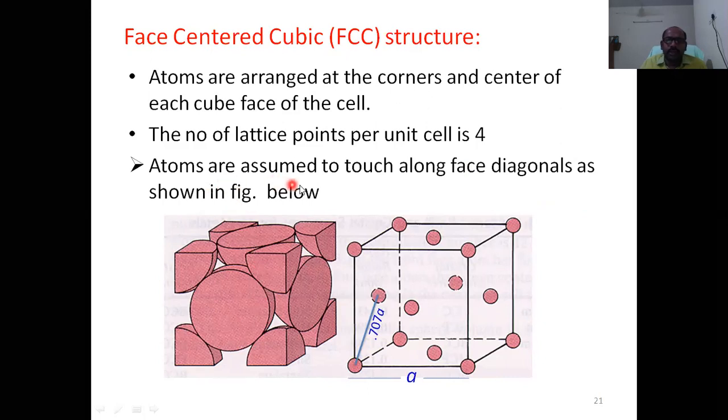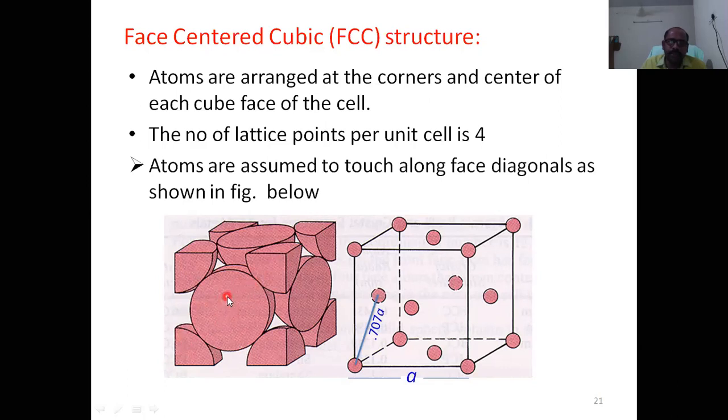The atoms are assumed to touch along the face diagonals as shown in figure. If we see this picture, it is one face diagonal for the front face, and it is another face diagonal for the same front face.